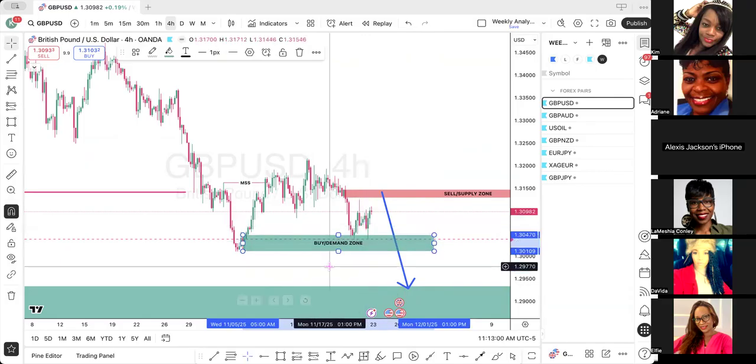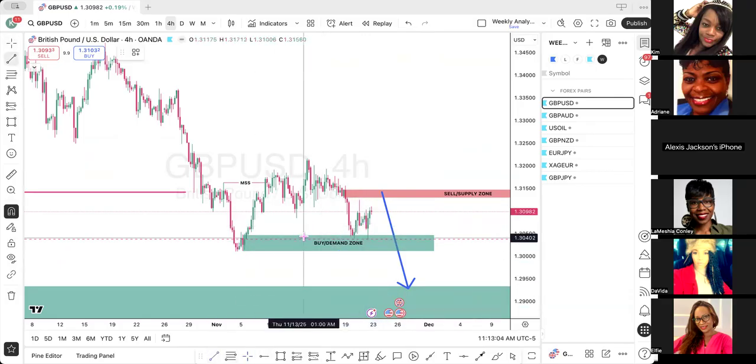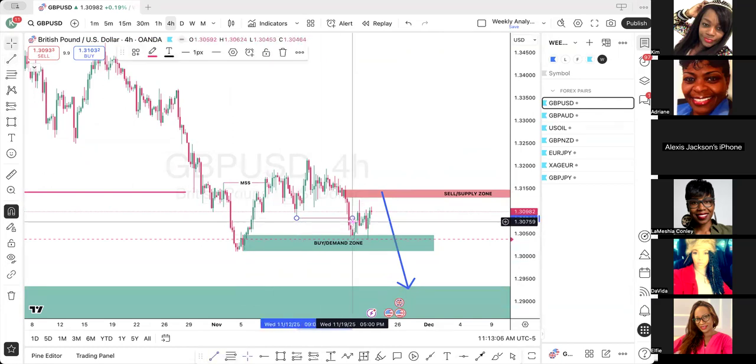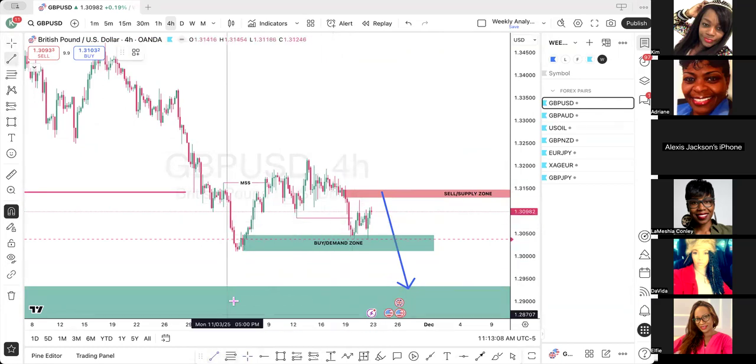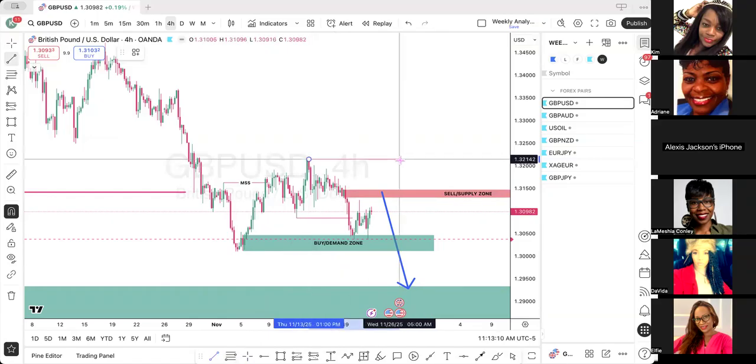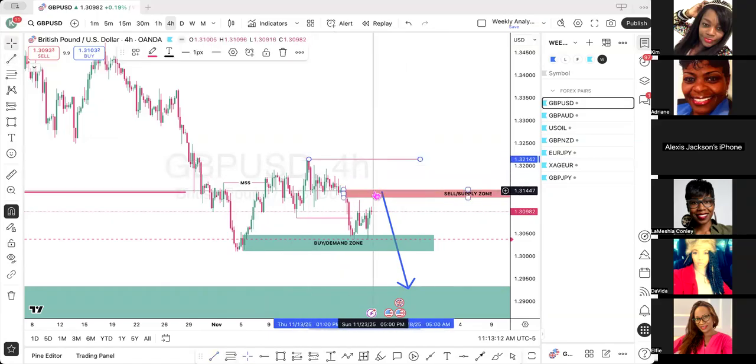But the structure is telling us the internal structure, this was the break here. So that makes this the swing high. So price would have to break this high if we're looking for a continuation of a buy. So right now, this break of structure is pulling into this demand zone, I mean supply zone. So it's possibly going to continue selling.